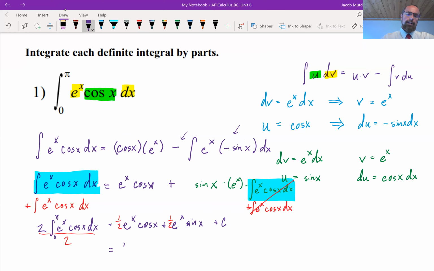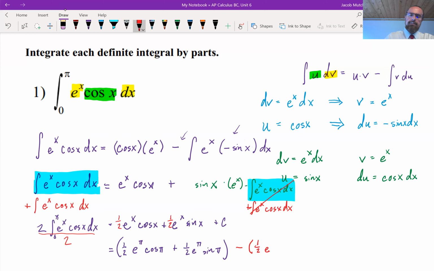So this is now 1/2 times, so we'll put in pi first, e to the pi cosine of pi, and then a repeated version, but now a sine, half e to the pi sine of pi. And using fundamental theorem of calculus, we'll subtract from that the same expression evaluated at 0.